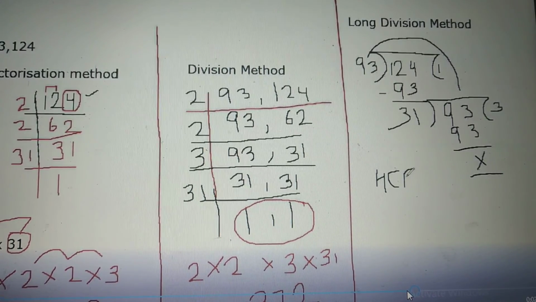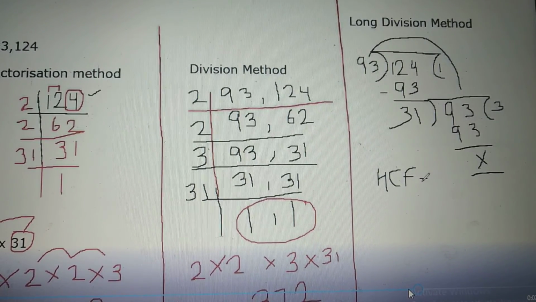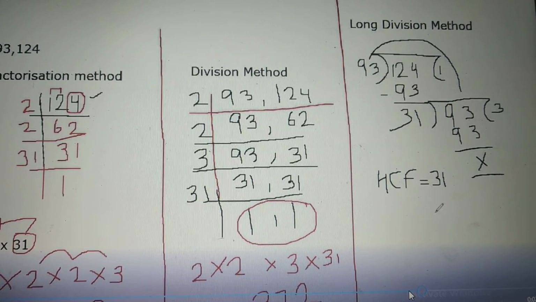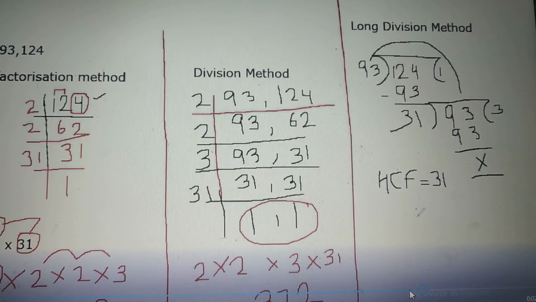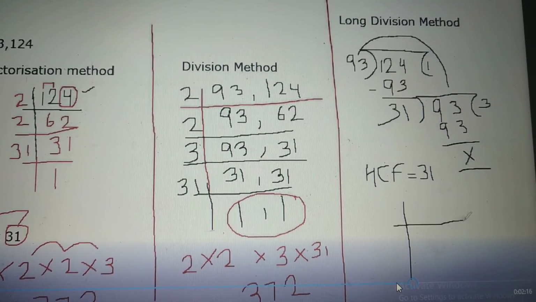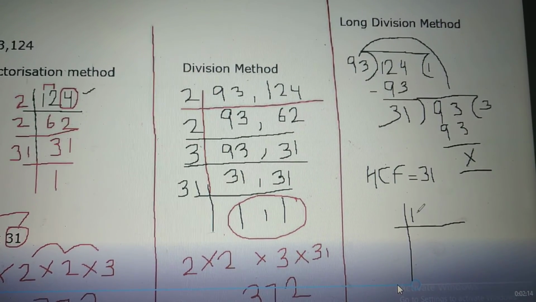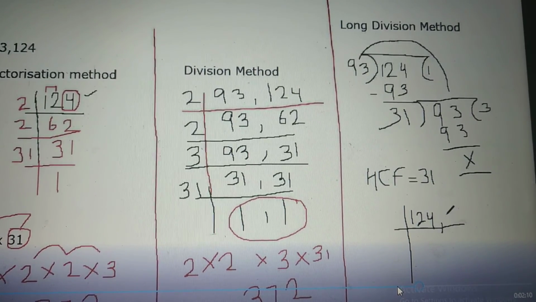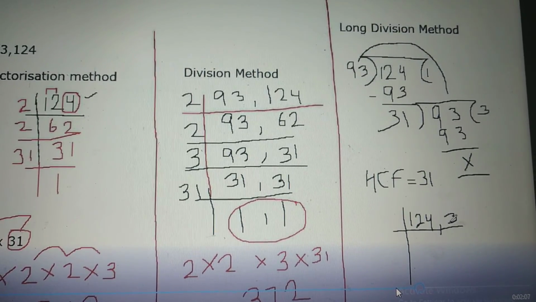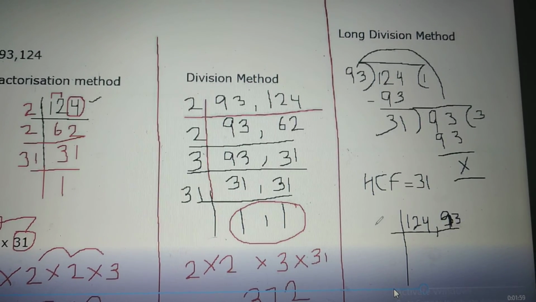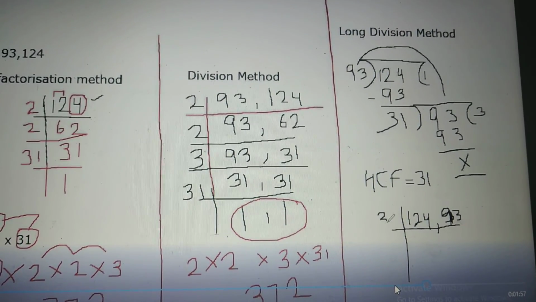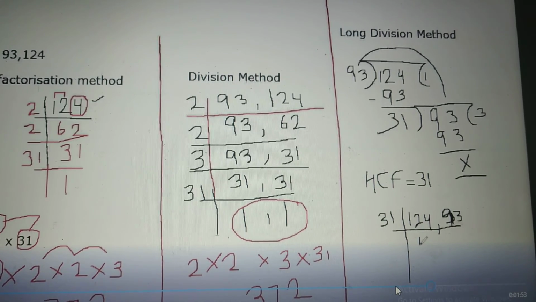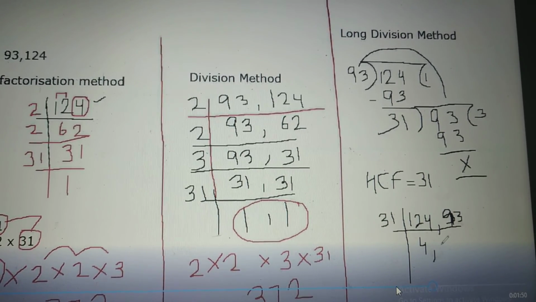I will take the numbers 124 and 93 and divide them by 31, the HCF which I have just found. 31 4s is 124 and 31 3s is 93.